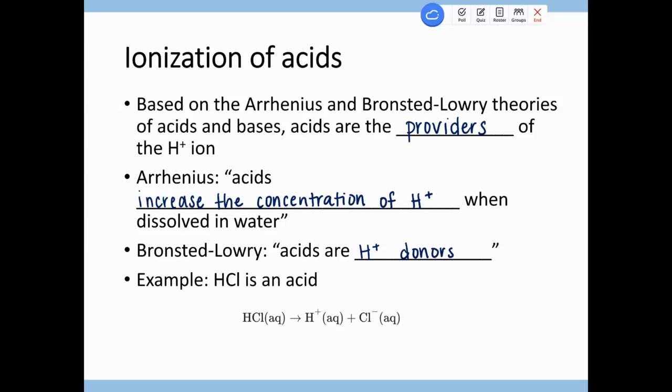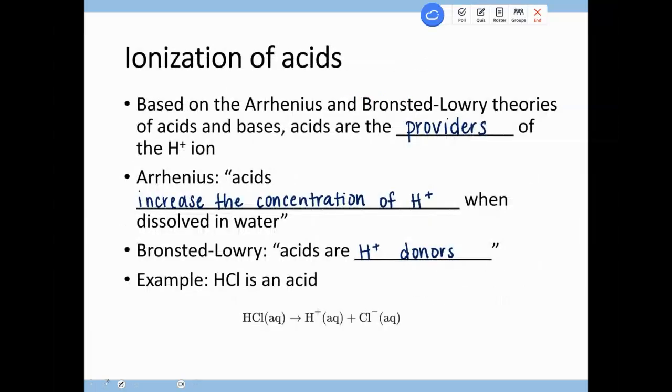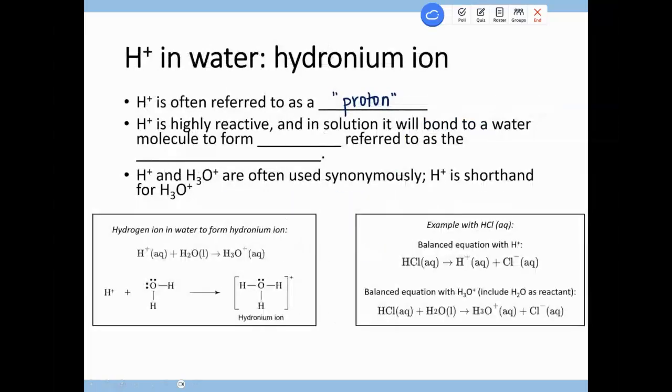Now that H plus is often referred to as a proton. So sometimes Bronsted-Lowry acids, instead of saying they are H plus donors, it will say they are proton donors. The reason we refer to H plus as a proton: hydrogen, remember, is the first element in the periodic table.